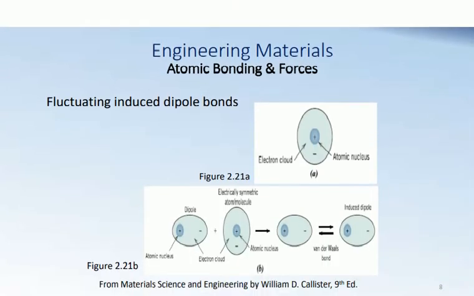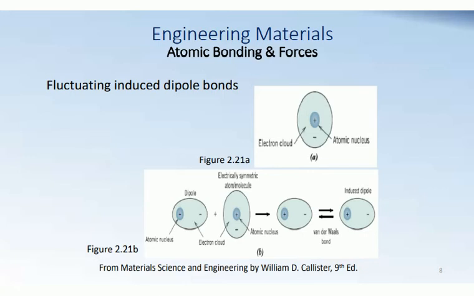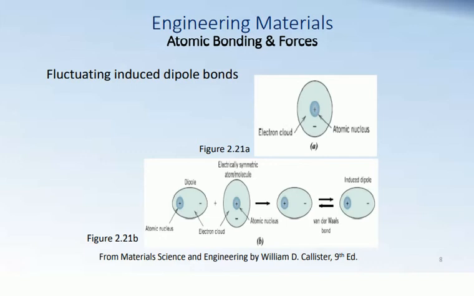Here in this figure you can see fluctuating induced dipole bonds, where we have a material or an element or an atom with nucleus and electron cloud, positive and negative charge, in figure 2.21a. When this dipole comes in contact with an electrically symmetric atom or molecule that again has a positive and negative charge, then in figure B on the left side you can see a dipole which has an alignment of positive and negative charge.